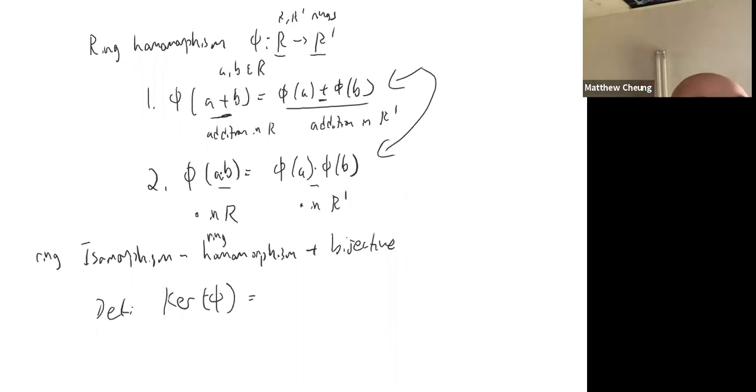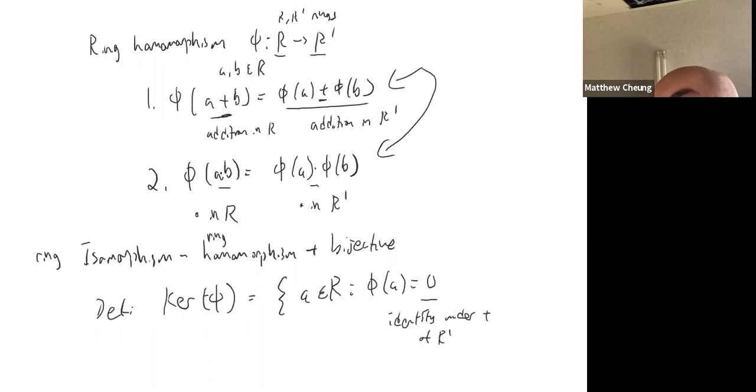So the kernel is just the set of A in my domain such that phi of A is 0. This is the identity under plus in R prime, because phi of A is in R prime. So make sure you know where you are in your domain and range.